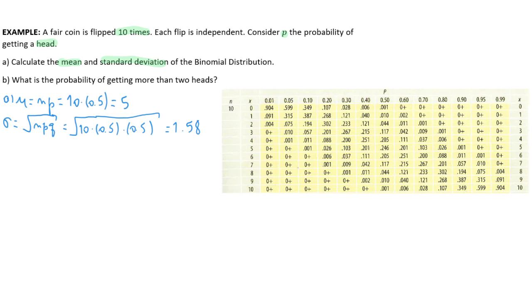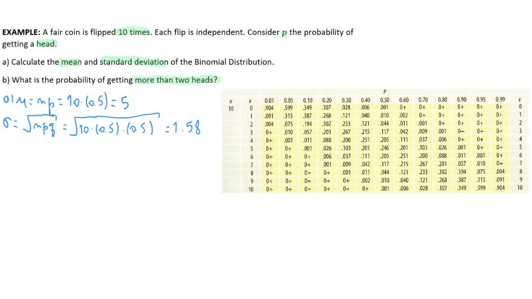What's the probability of getting more than 2 heads? I could have asked, what's the probability of getting at least 3 heads? And that would be the same question.